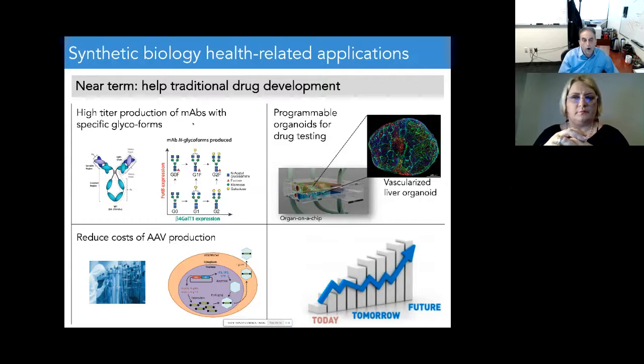And so one important thing about these monoclonal antibodies is that the sugar that decorates this monoclonal antibody molecule has a major effect on its efficacy. But it's really hard to control the sugar decoration, and we've been able to show with a publication a couple years ago that we have very precise ways of exactly controlling the sugar decoration on these monoclonal antibodies, which should have a real effect, right?